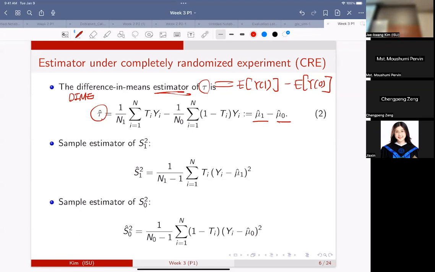And this is the estimator for tau, which is the mean difference. And then we have an estimator for the finite population quantity. So you have a treatment group sample and compute the S square, and this is the control group sample, and you compute the S square.